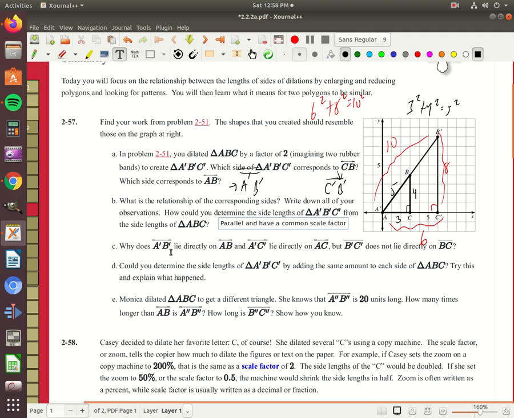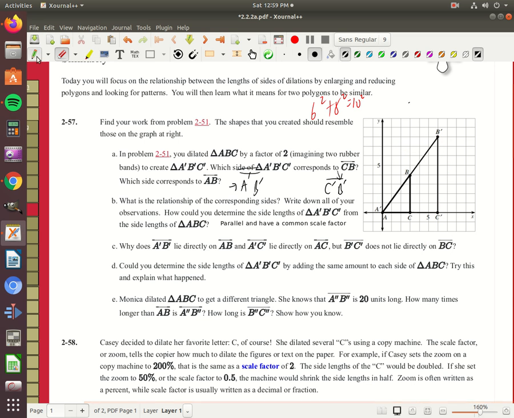All right, so why does A prime, B prime lie on AB and A prime, C prime lie on AC, but B prime, C prime doesn't lie on BC? So essentially, let me go ahead and clear this off here. Here's what they're saying. How come this line goes through the origin and this line goes through the origin, but these lines don't? And the answer to that would be, I think, the point of dilation, right?